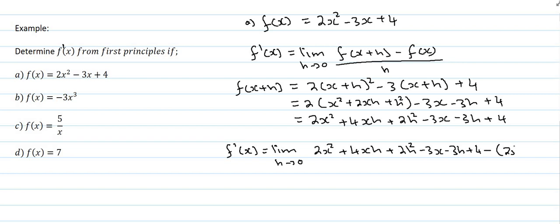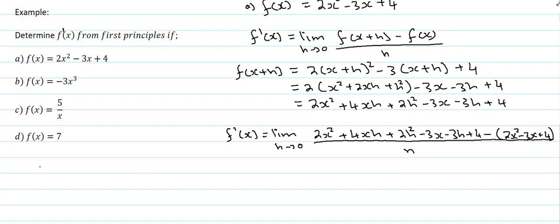This will be 2x squared minus 3x plus 4, close brackets, all divided by h.